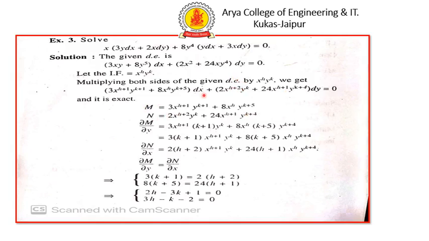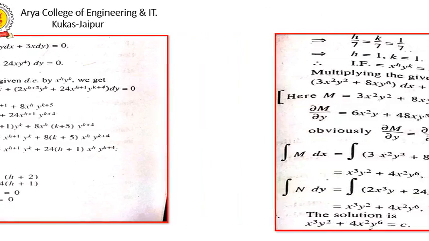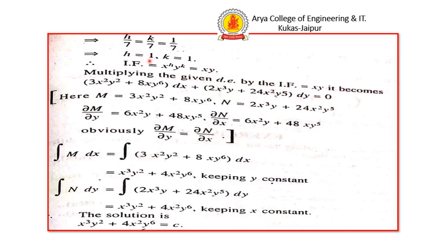The coefficient of dx is M and the coefficient of dy is N. Del M upon del y and del N upon del x are calculated, and by the condition of exactness, del M upon del y equals del N upon del x, we calculate the values of h and k. We find h equals 1, k equals 1, so the integrating factor is xy.